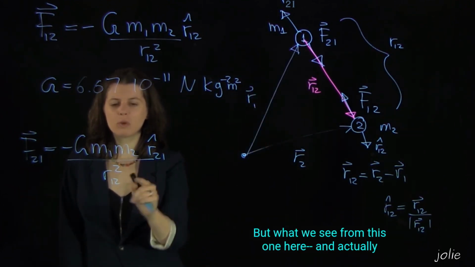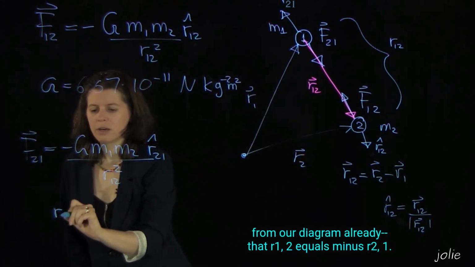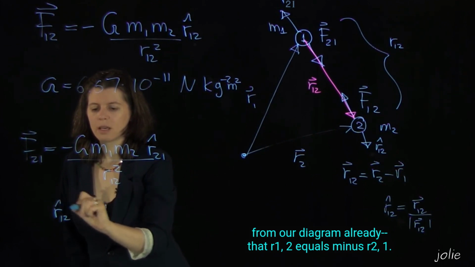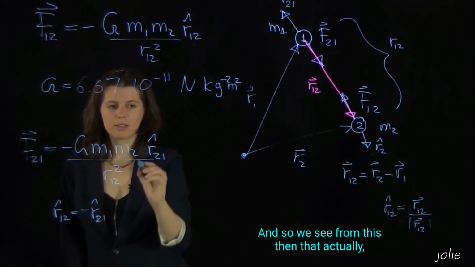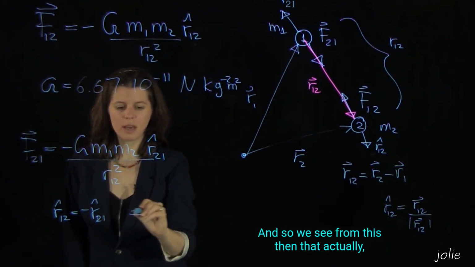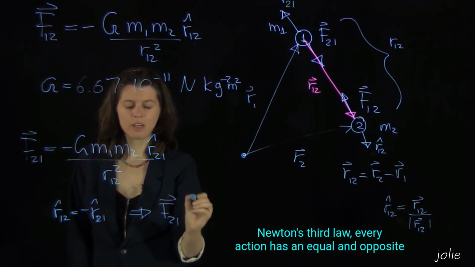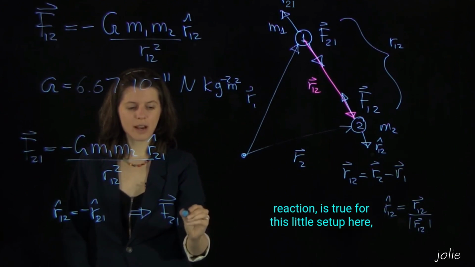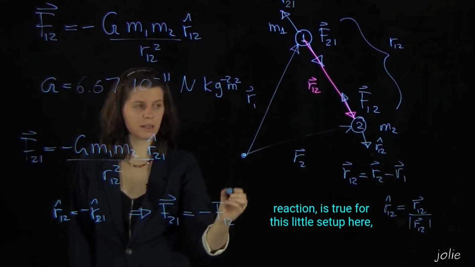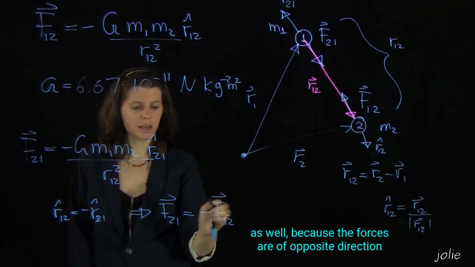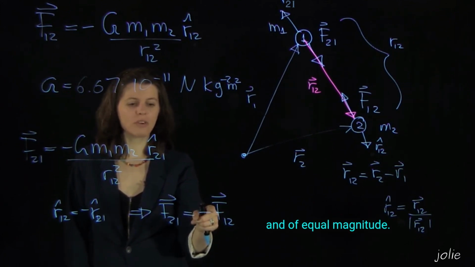But what we see from this, and actually from our diagram already, is that r12 equals minus r21. And so we see that Newton's third law, every action has an equal and opposite reaction, is true for this little setup as well, because the forces are of opposite direction and of equal magnitude.